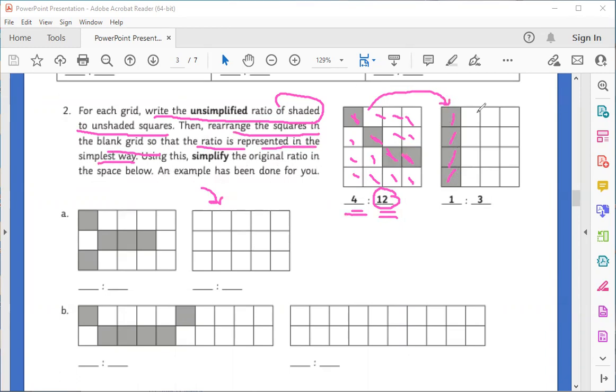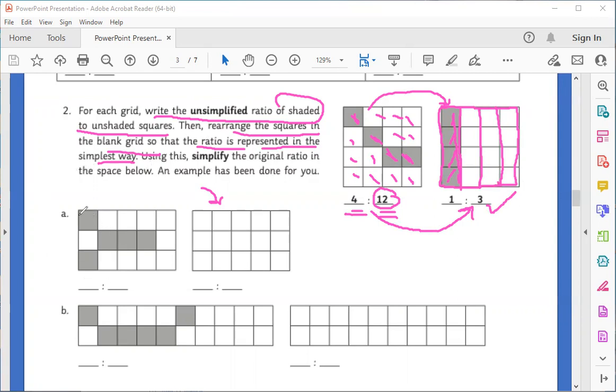Now, you can see the picture more clearly. It looks like a fraction. Can you see? There is one column to 3 other unshaded columns. That's how this ratio becomes simplified and can be written like this.